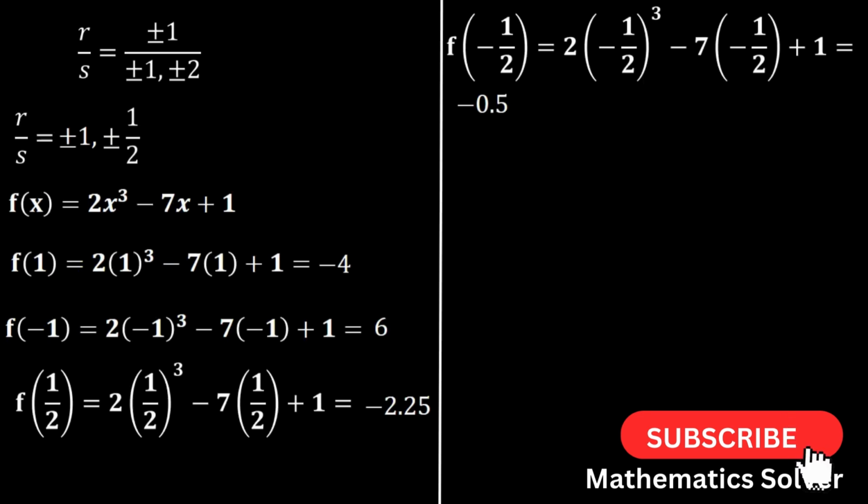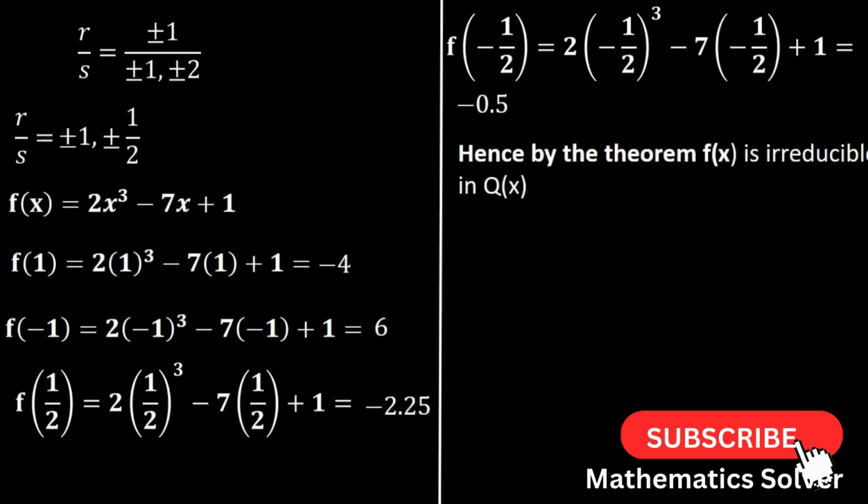Hence, f of x has no root in Q. Hence, by the theorem, f of x is irreducible in Q. Since f of x is primitive, f of x is also irreducible in Z of x.